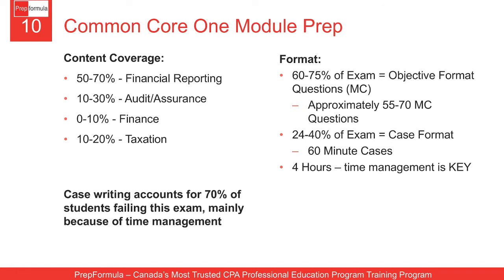Okay, so for anyone who's doing Core 1, it's really important for you to understand the content coverage. The majority of the exam will be financial reporting, but that doesn't mean that the entire section you should study is FR, short for financial reporting.